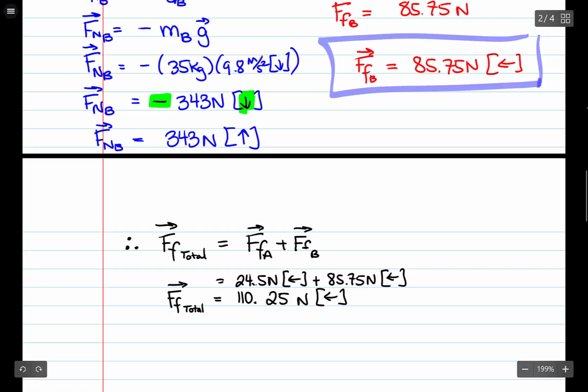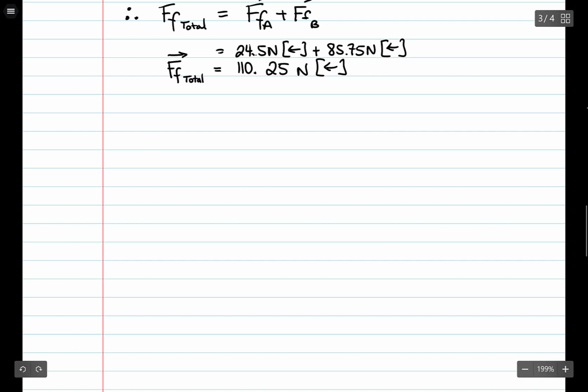Okay, so we're going to use our combined free body diagram, FBD of system. We have that the net force in the x direction must be equal to the mass of my system multiplied by the acceleration of the system.